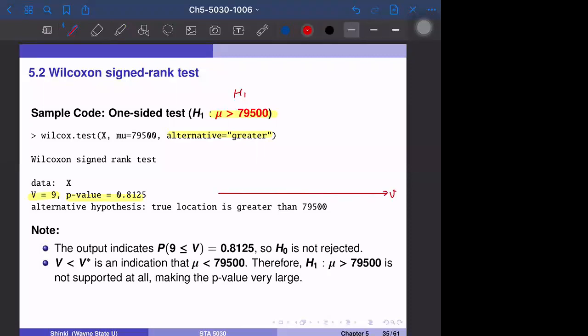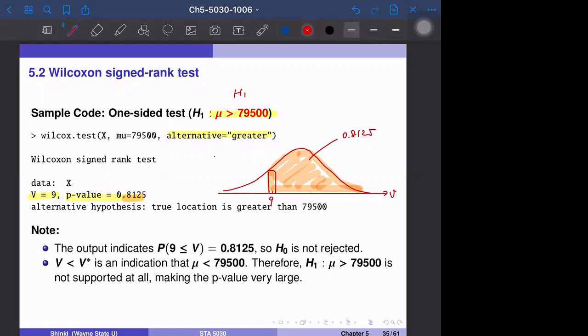The distribution of V is here, and V equal to 9 is around here. Last time we calculated the area below 9, but this time the area above 9, this entire area. This is equal to 0.8125 as indicated here.